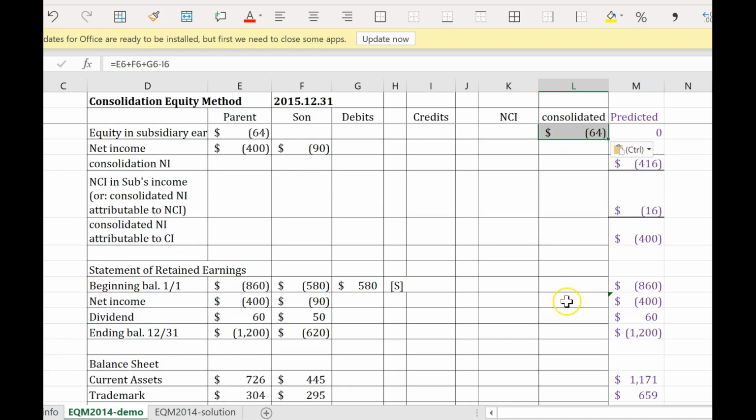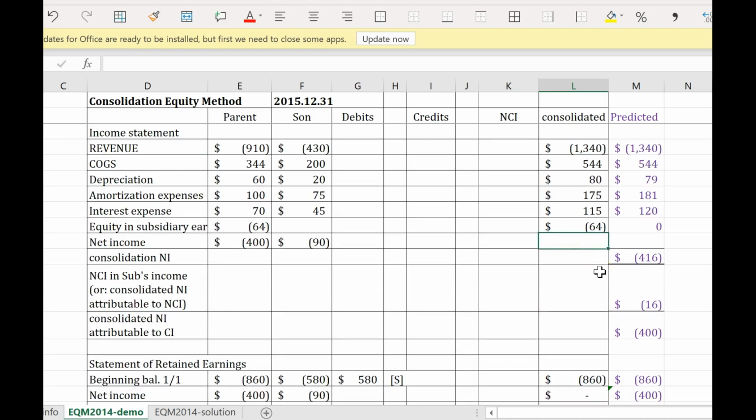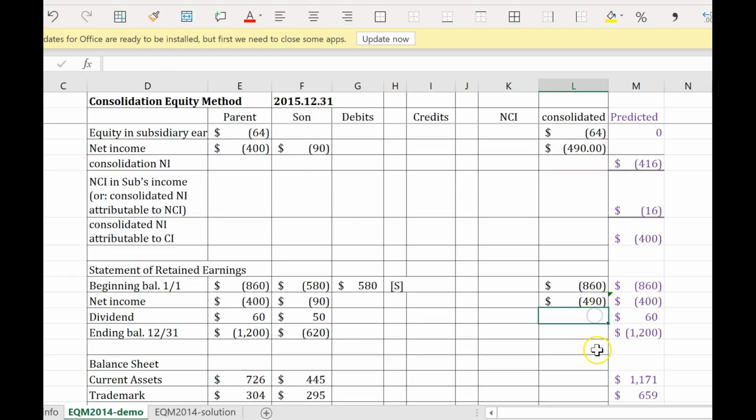Now this number equals the net income from before, and this net income is calculated from above. Dividend is the same.